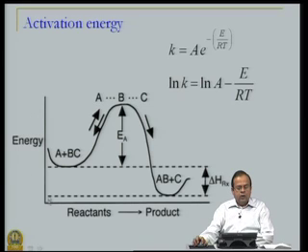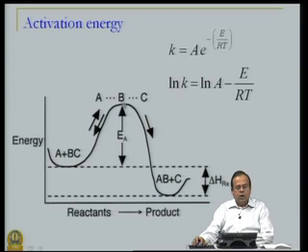At the beginning of the reaction we have reactants A and BC at certain energy levels. At the end we have products AB plus C, and for the reactants to go from A and BC to AB plus C, some energy barrier has to be overcome. Various people have given various explanations.